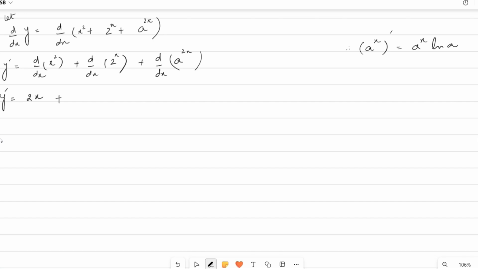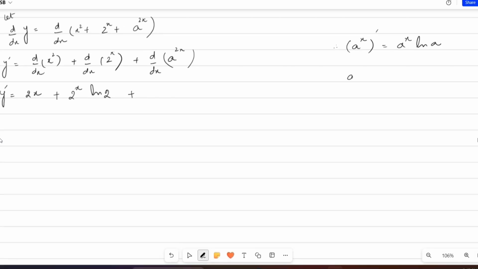Here in the place of a it's 2, so 2 raised to the power x ln 2. Plus, if we are having a raised to the power f of x, its derivative would be a raised to the power f of x ln a into f dash of x.